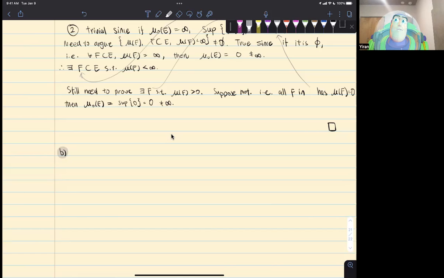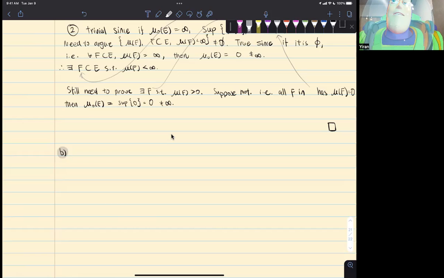If at least one of the E_j in our collection has mu measure infinity, then it is actually okay, because on the left-hand side, the union of E_j has infinite measure by definition of nu.